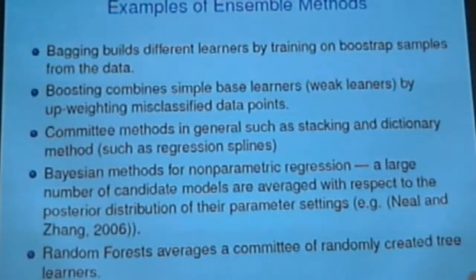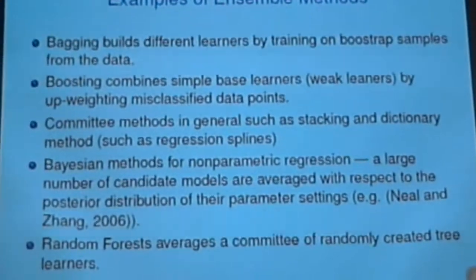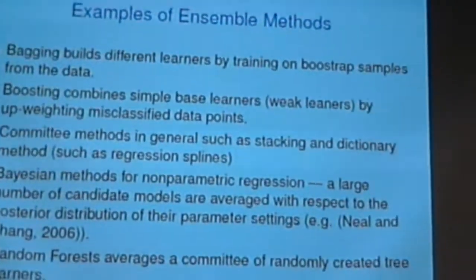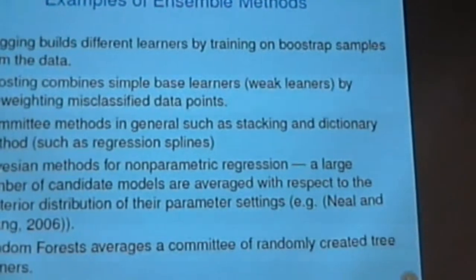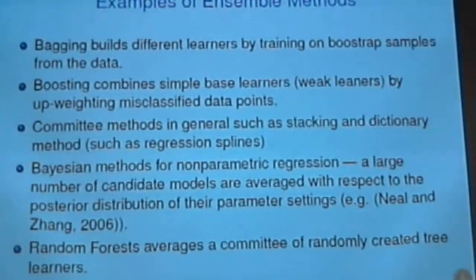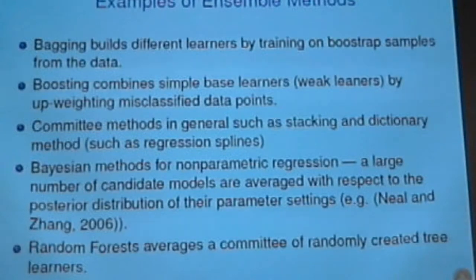And random forest averages a committee of randomly created tree learners. So in a sense, this is a random statistical method. Think carefully about this element of randomness. Because of this randomness, we would not try to interpret the result as deterministic.